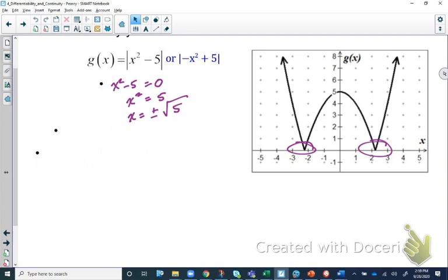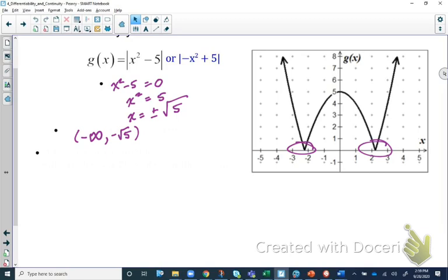So here, describe the values. I'm going to use interval notation. So the function is differentiable from negative infinity up to negative radical 5.